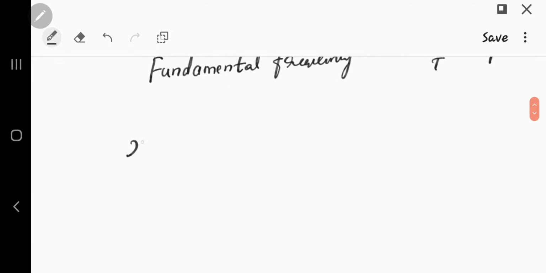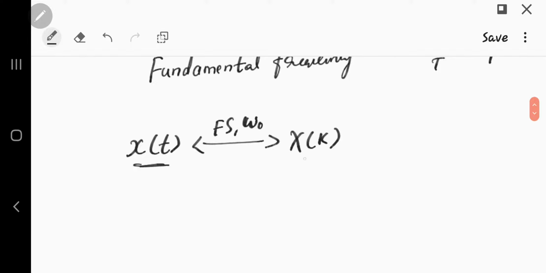If x of t is the time domain signal, then if you transform it, it will be transformed into another domain, that is the frequency domain. That's why I told you it will be represented in terms of the fundamental frequency f in the synthesis equation, that is equation 1.